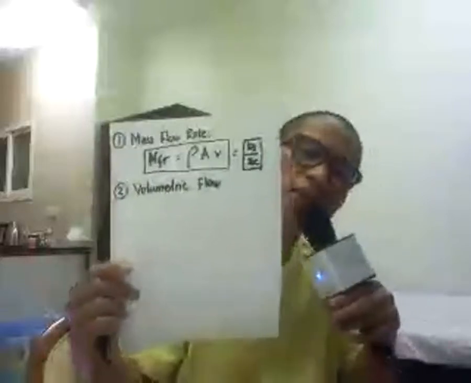The unit of this, sorry, I come back. The unit of this mass flow rate could be kilogram per second, because that is a rate. As I told you a while ago, the unit of the mass flow rate is kilogram per second because that is a rate.